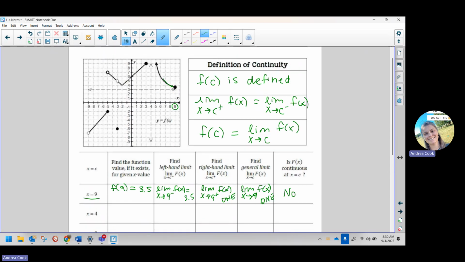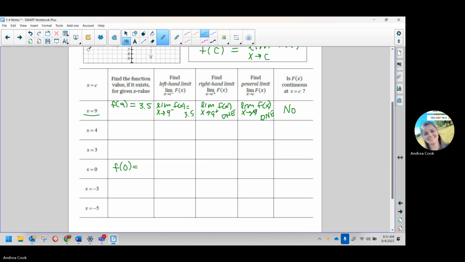What is f of 0? 6. What is the limit as x approaches 0 from the left? 6. What is the limit as x approaches 0 from the right? 6. What is the overall limit?